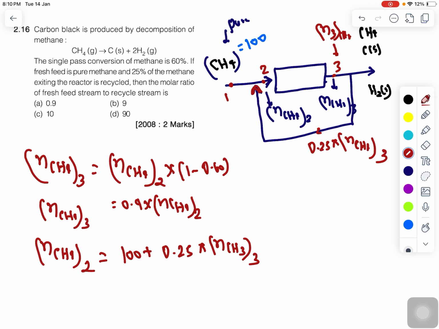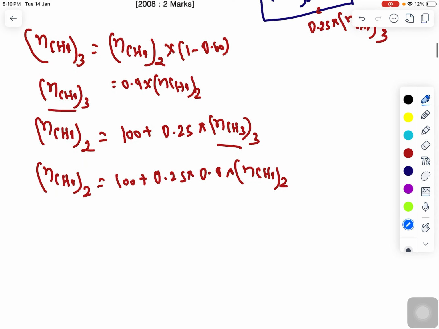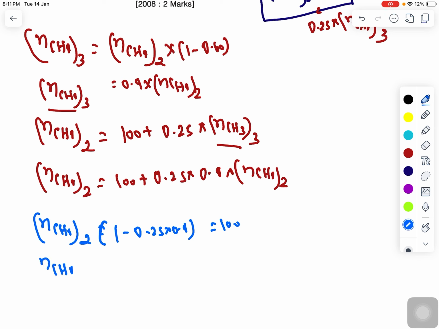So now you can substitute any value here. Let's substitute this value here. The number of moles of methane at point 2 will equal 100 plus 0.25 multiplied with 0.4 multiplied with the number of moles of methane at point 2. From this equation, the number of moles of methane at point 2 into 1 minus 0.25 multiplied with 0.4 equals 100.